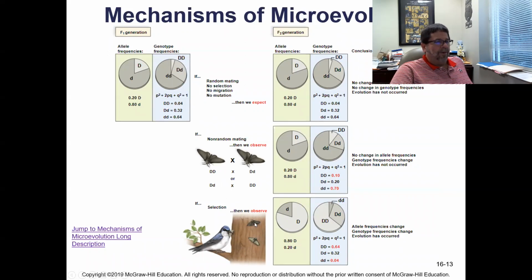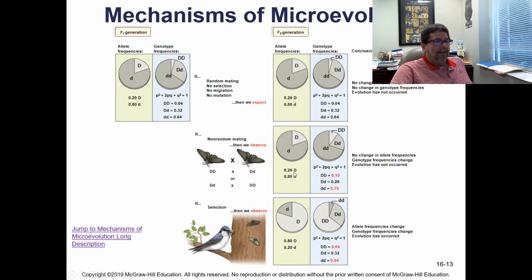Natural selection, where the white moths are eaten, and we come back and now we see 80% dark and 20% white moths, and now this thing is flipped. So now white moths, little d, are 4%, heterozygotes are 32%, and 64% are dark. Then we have seen a mega change in the allele frequencies, right? So the allele frequencies are flipped.